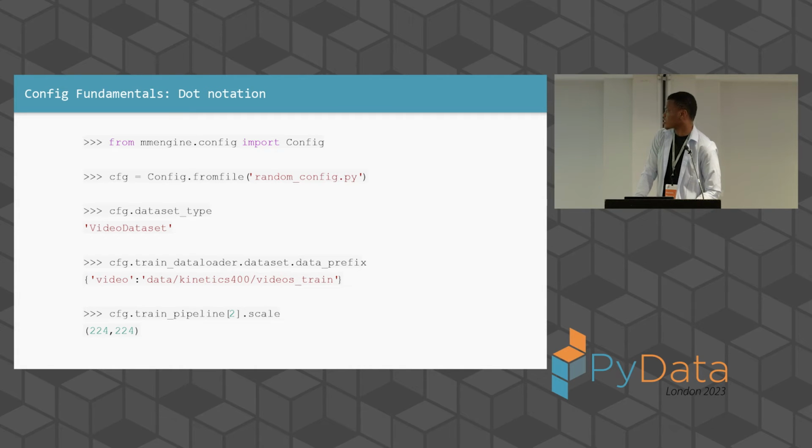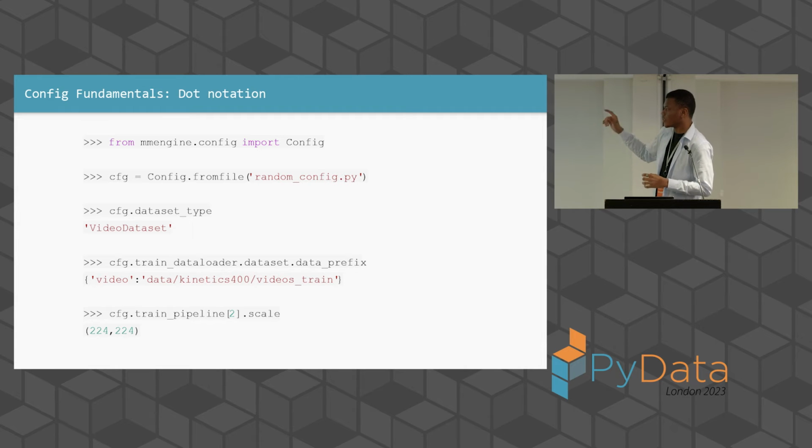So it also uses the dot notation. In this case, I'm reading in the random config file, doing an engine config, reading the file, and using the dot notation you can access the variables. This way you could easily modify something else in a new config file.